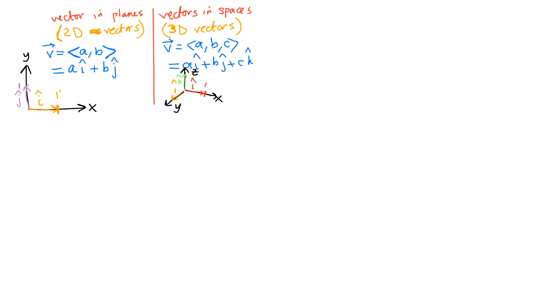So now we're talking about operations on vectors, introducing the two main aspects of any vector, the norm and the direction: how to find the norm of a vector or the direction of a vector.